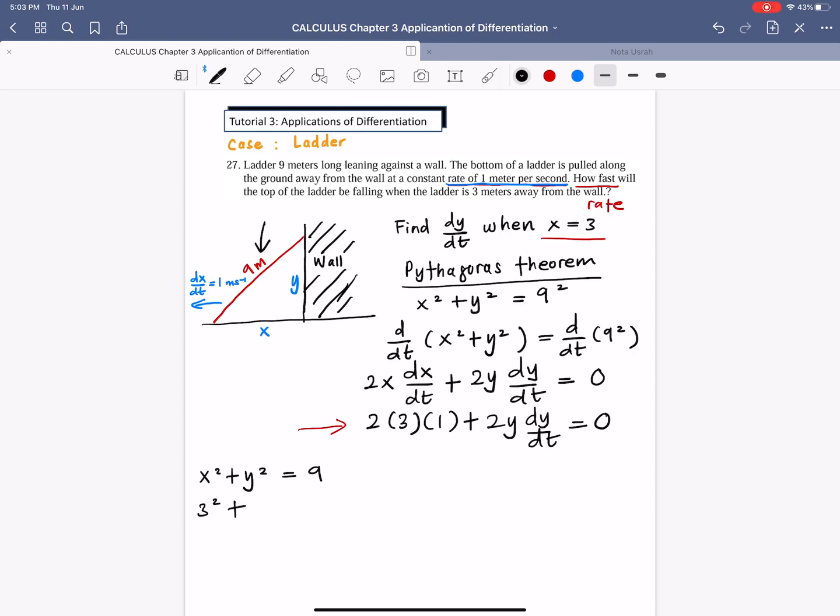So 3 squared plus y squared, y squared, this is equals to 81. So 81 minus 9 is 72. So y squared equals 72 and y equals plus minus 8.5, around 8.5. Okay.